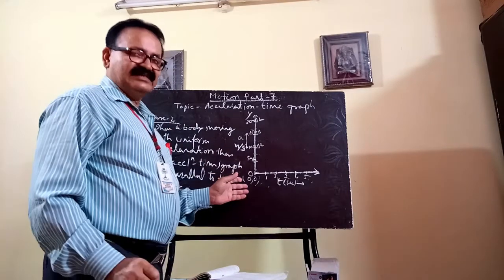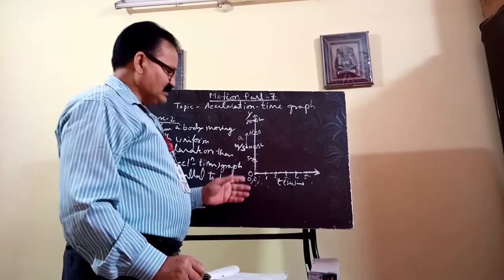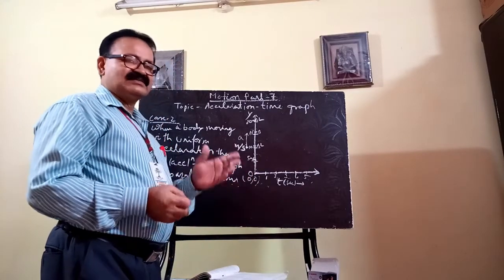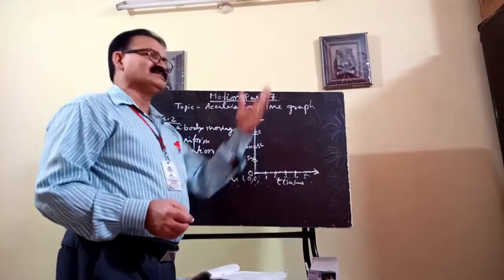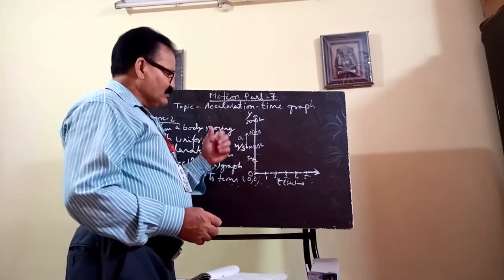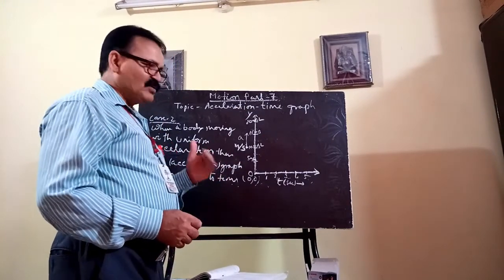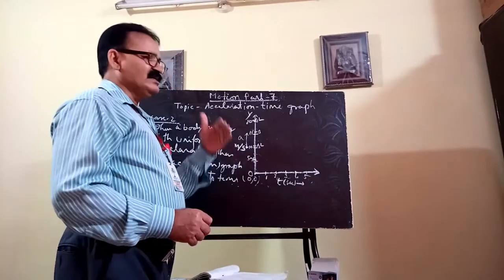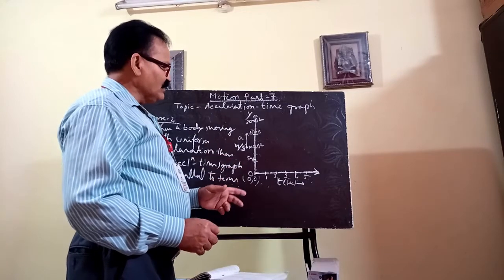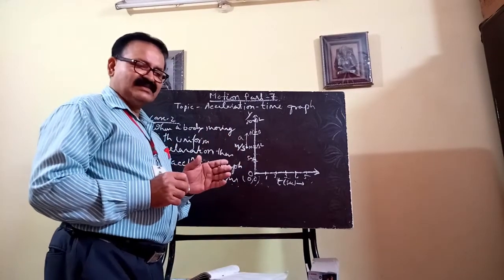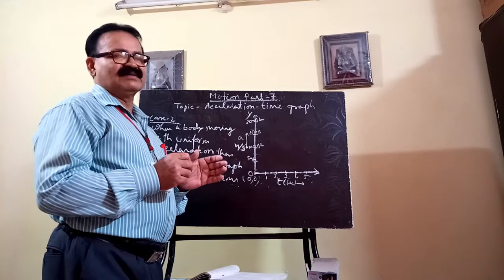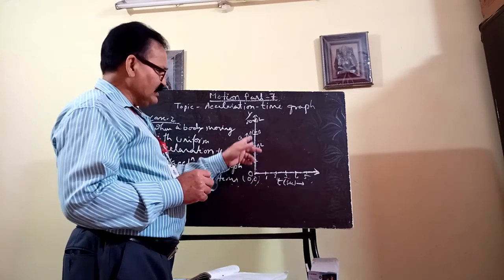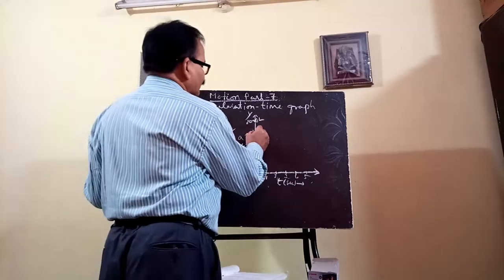Suppose initially the body is not at rest and is moving, and the velocity of the body increases in a uniform, constant manner. Suppose the acceleration at the 0 instant is 15 meter per second square.